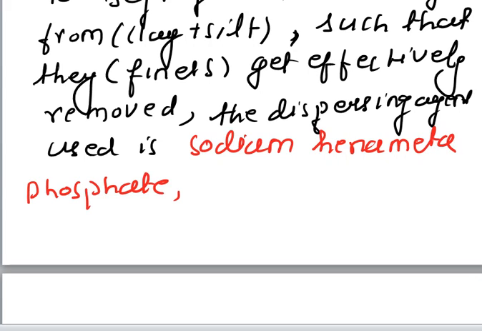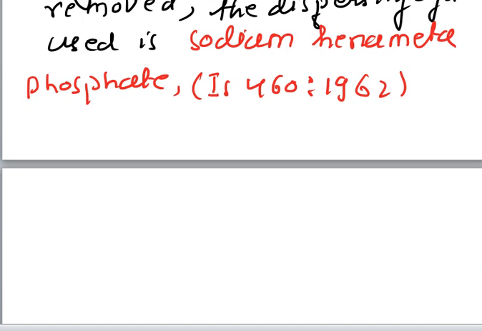There also we need to use dispersing agents in making effective sedimentation and effective coagulation. So here the dispersing agent which we are using is sodium hexametaphosphate. It is approved by the code for sieving, which is IS 460 1962. Remember this, it will be asked in objective questions in IES exams.